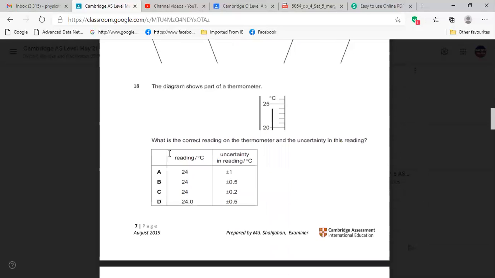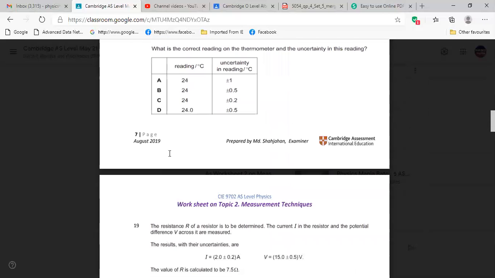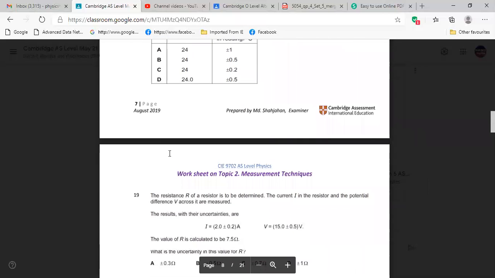Then we have the next one. Let me check in the worksheet.